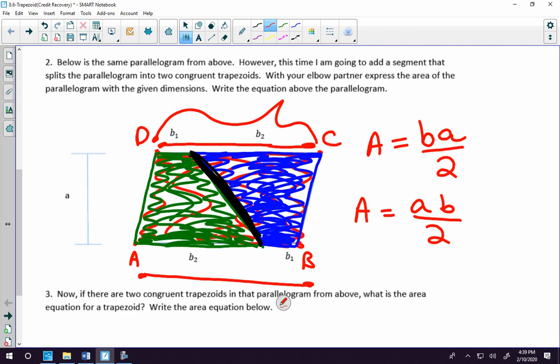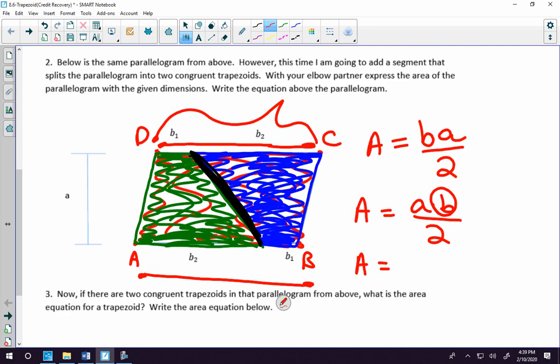So if we cut through that black segment and separate the green and the blue trapezoid, no longer do we just have B for base, because now we have two bases, if you will, for the trapezoids. Part of our original parallelogram base is in green and part of it is in blue. So to get back to the base of the parallelogram, we need to add the two bases.